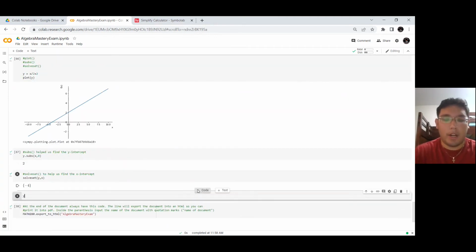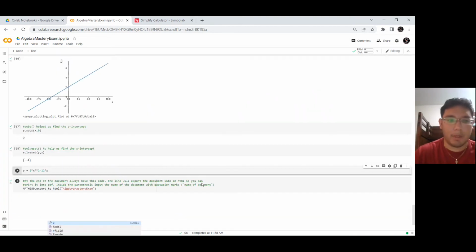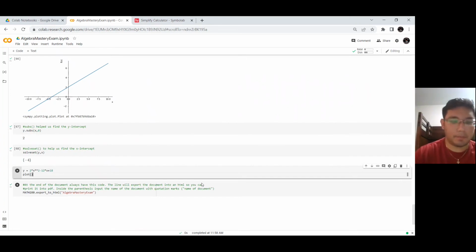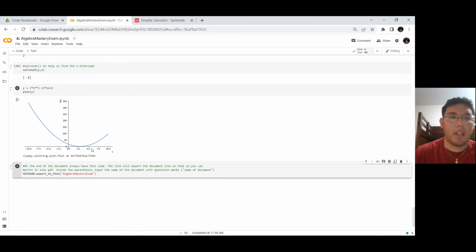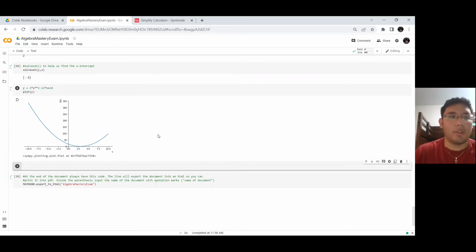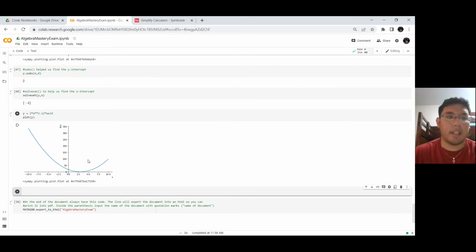So y is equal to 2 times x squared minus 12 times x, if I recall correctly. Yep, plus 18, and then plot y. So we should be getting a parabola. There we go. And lastly, to solve for its x-intercept and y-intercept, first let's do the y-intercept.